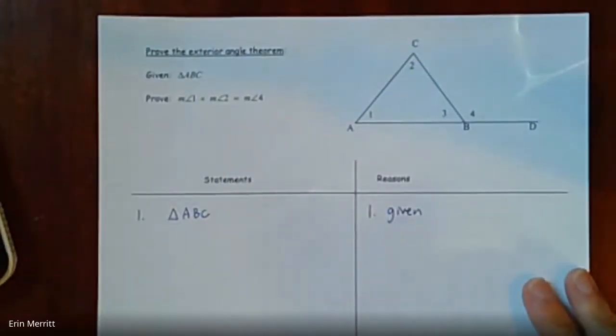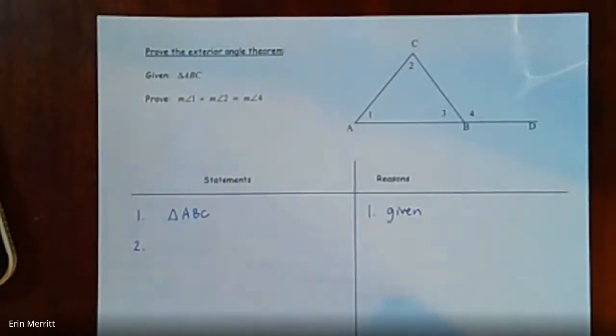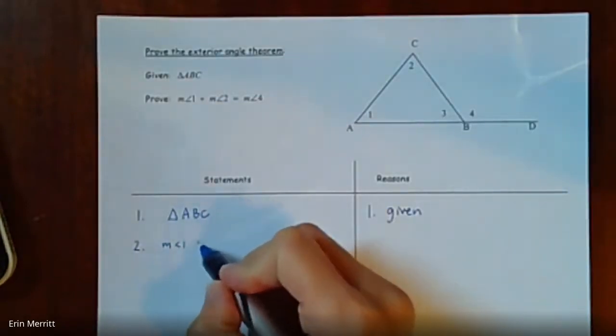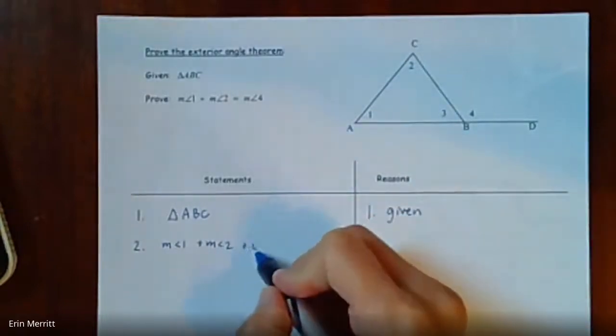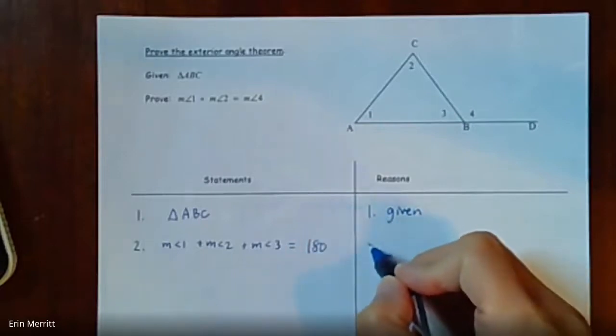And then we're actually going to start with the last thing that we proved, and that is the triangle sum theorem. So we're going to say that the measure of angle 1 plus the measure of angle 2 plus this guy over here, the measure of angle 3, is equal to 180 degrees.